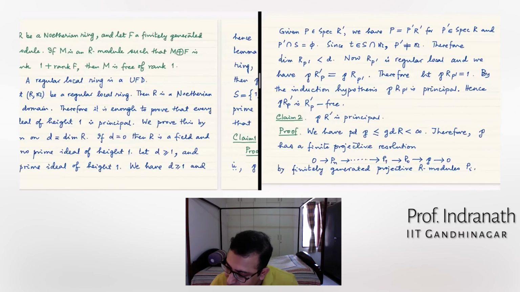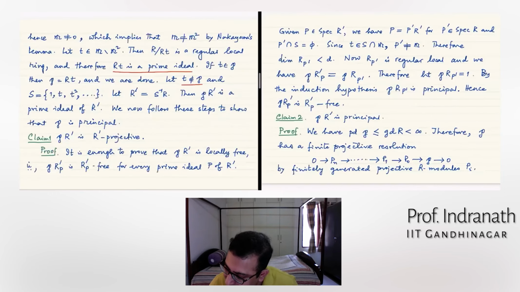So you start with a P in Spec R dash, then P is P dash R dash for some P dash in Spec R, and P dash intersection S is empty.